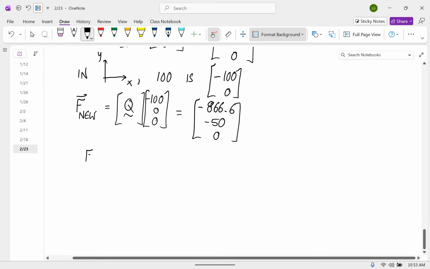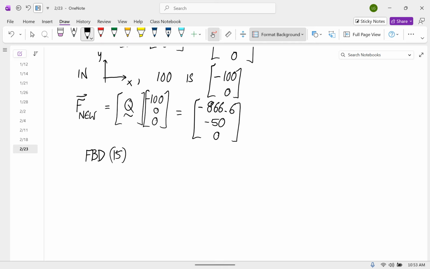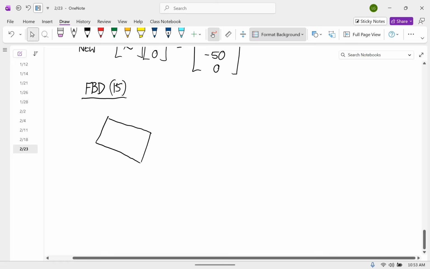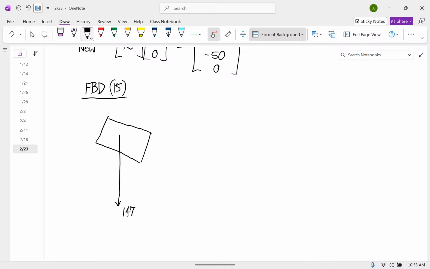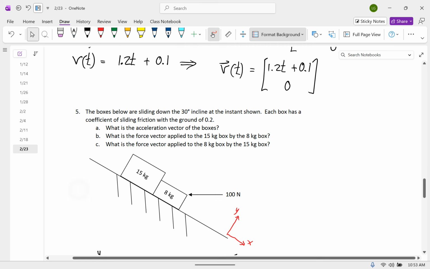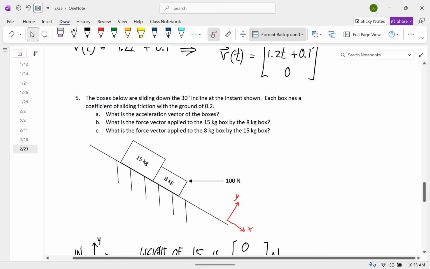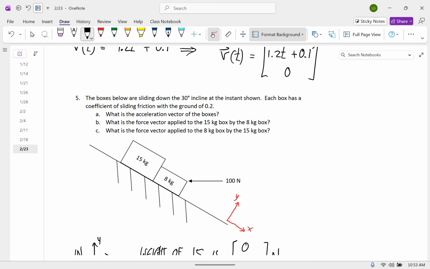So now a free body diagram of the 15. We have a weight force down of 147.15. We already know what that is in components, but I'll write it like that. And we know that these boxes are sliding down the incline at the instant shown.